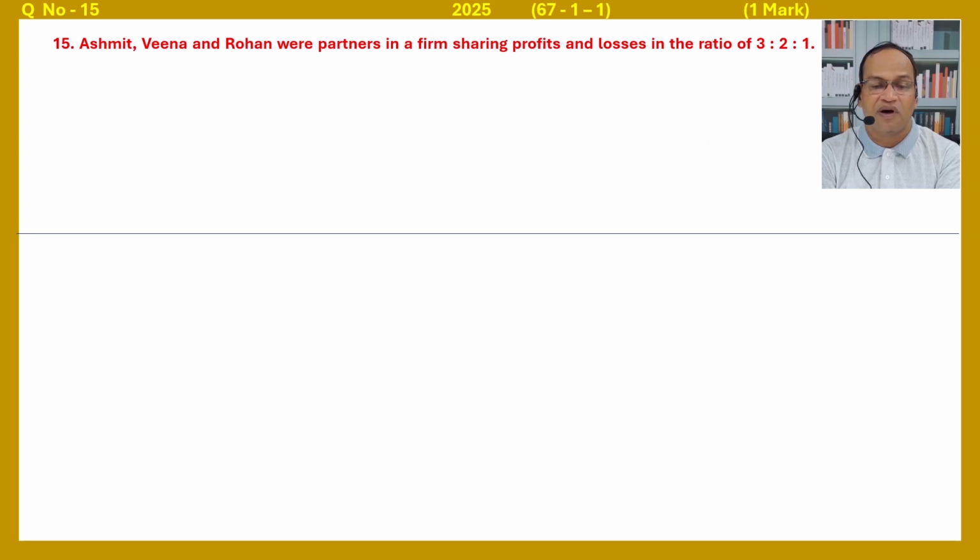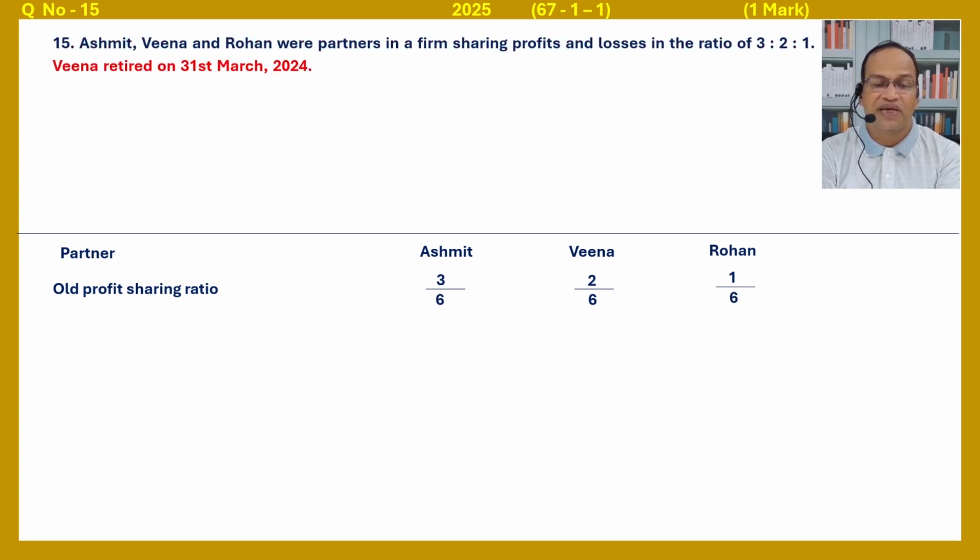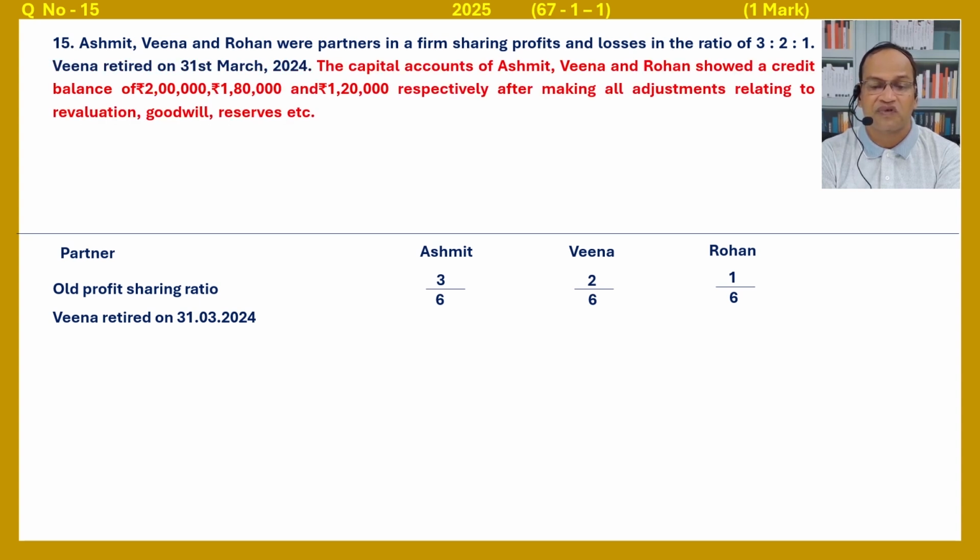Question number 15. Asmit, Bina and Rohan were partners in a firm, sharing profits and losses in the ratio of 3:2:1, that is 3/6, 2/6, 1/6. Bina retired on 31st March 2024.